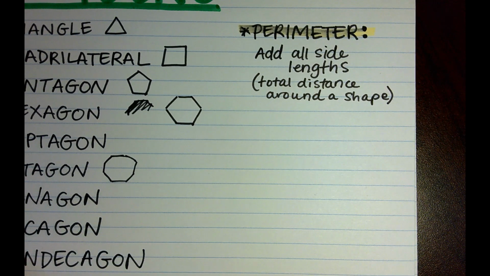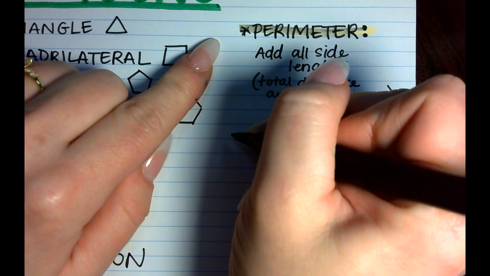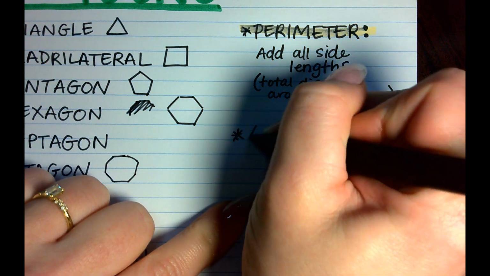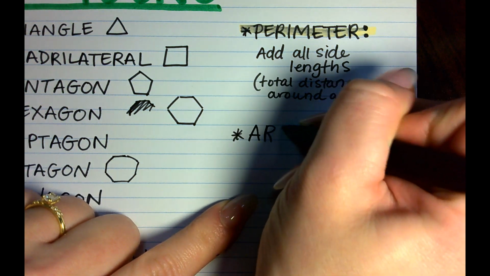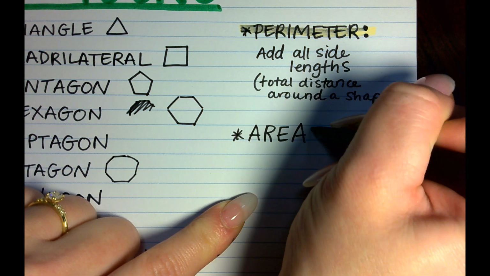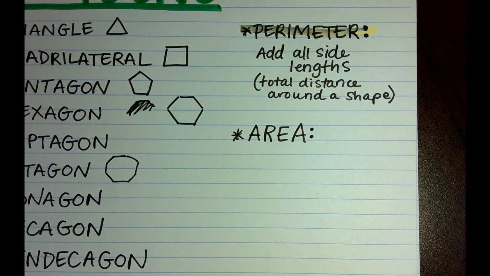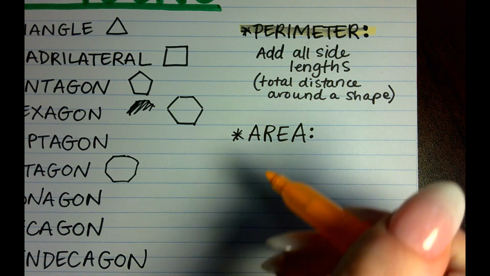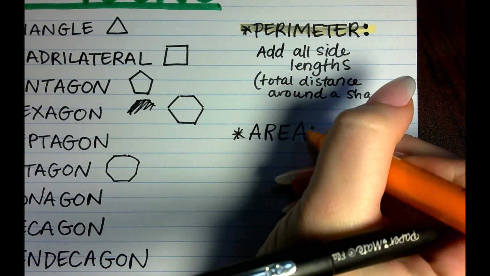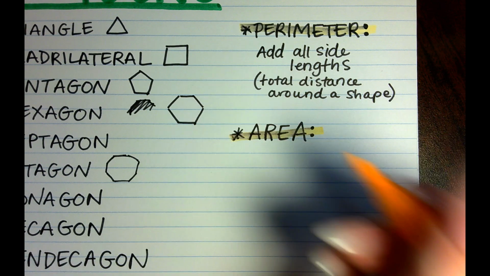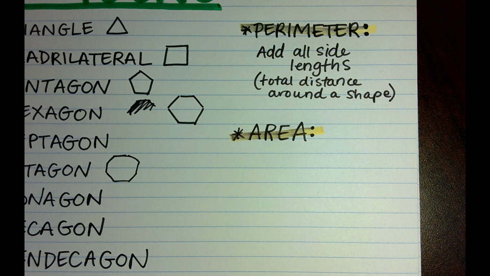We're going to learn about one more thing today. Not just perimeter, but area. Does anybody know what area is? It's the inside of the shape. It is the space a shape takes up.